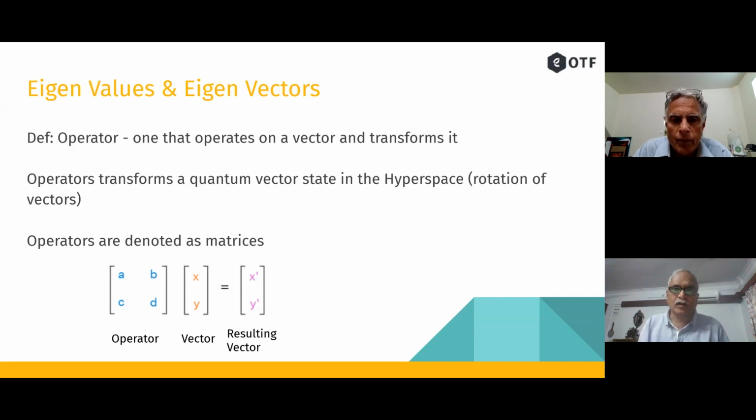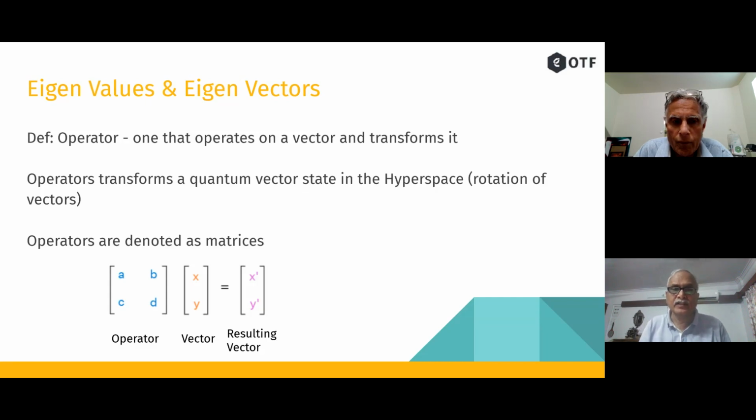And if this operator operates on that, obviously it is going to transform the state, right? So in general, all these operators transform a quantum vector state, and this will result in a transformed vector once again in the same hyperspace, whatever is the hyperspace we are discussing.